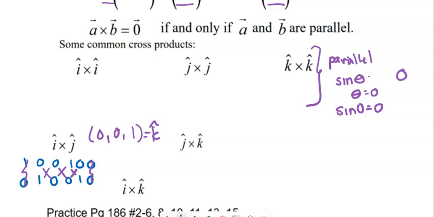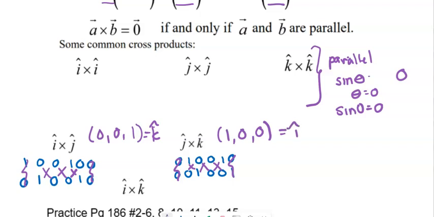Let's do another one. The j vector, the k vector. Let's take the cross product. 1 times 1 is 1, take away 0. My second term is 0 times 0, and 0 times 1, so that's 0. And my third term is 0 times 0, and 0 times 1, so it's also 0. And this is my i vector.